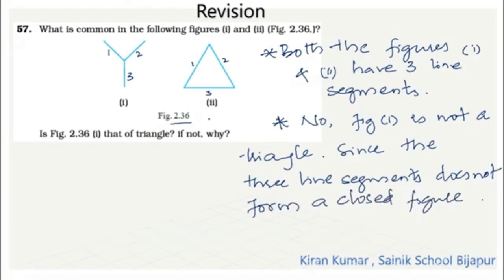A triangle is one which has a closed figure. The figure in figure 1 is an open figure. This figure is an open type. This one is a closed figure.